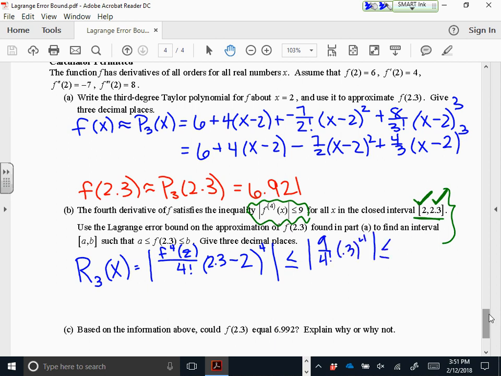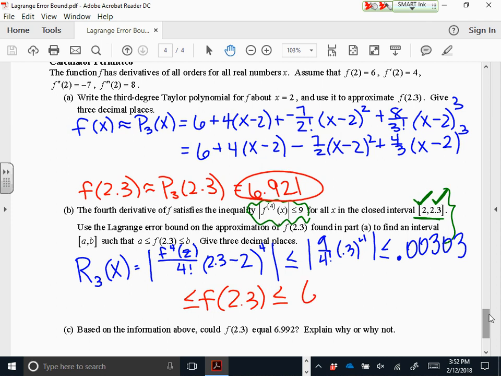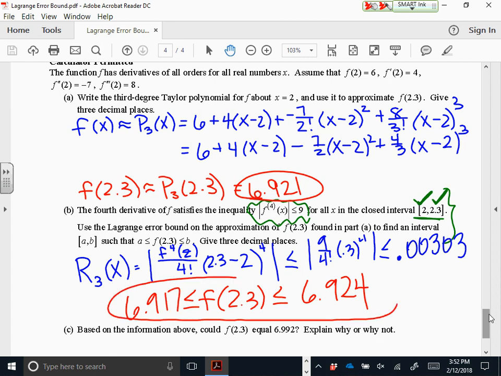So we get that our error is less than or equal to 0.00303. What does that mean? That means that f of 2.3 is going to be in between. We can take this number right here and add our error and subtract our error. This is the interval that f of 2.3 would fall under, which would mean that for part C, could it be 6.992? No, it can't, because it's not in that interval that we just found.